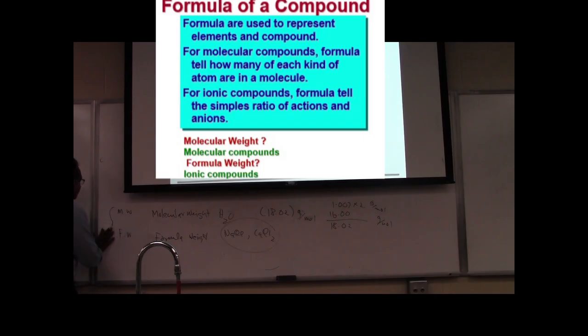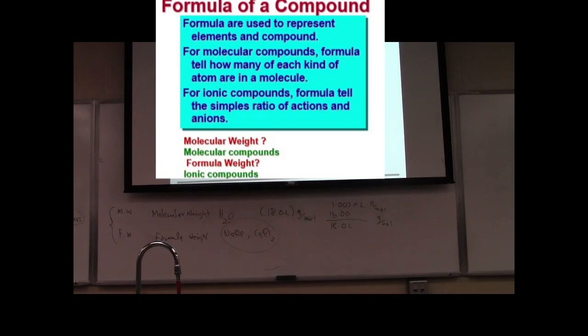But together, molar mass is a general word for any of them. If you have the formula, you calculate the mass of the formula, molecular weight or formula weight. If you take that in grams, you get a molar mass.